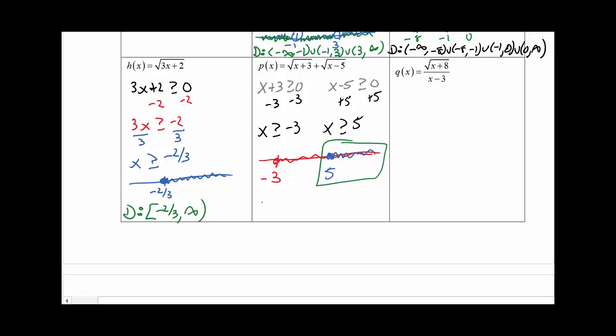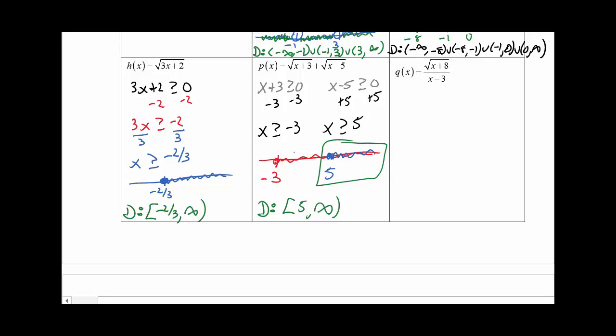So my domain then is going to be what I've highlighted in the picture there, that it starts at 5 and it's got to go up toward infinity. Even though one of the radicals is satisfied between negative 3 and 5, it's got to be both of them to be satisfied in order to make it. In other words, they both have to be happy in order for this rule to work on them.